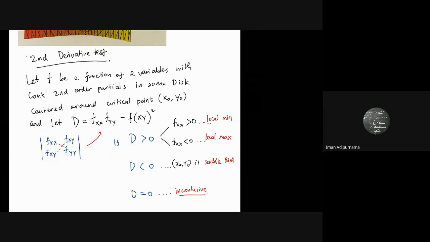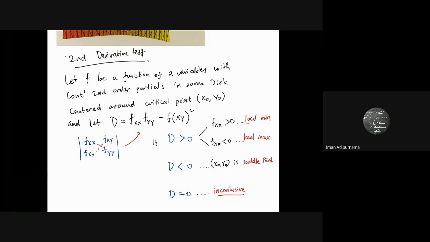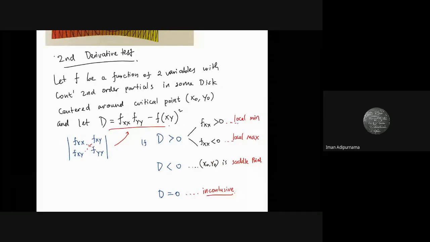There is a way to prove this, but I think I will leave that maybe to the end of the chapter if we have time. Basically, you can obtain this determinant and the proof from the directional derivative.